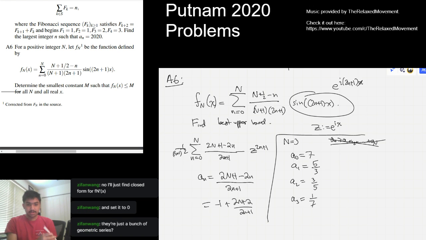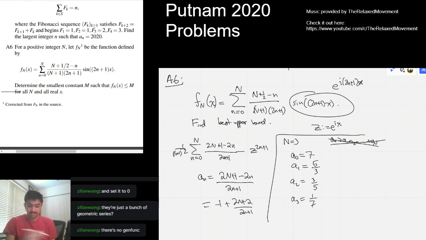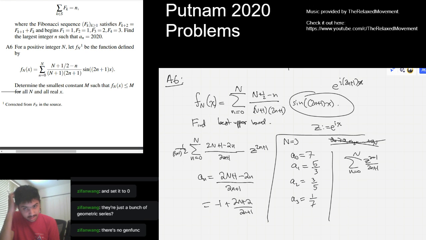Don't you have to integrate one of them? I'll write it right here: sum of z to the 2n plus 1 over 2 to the n times 2n plus 1. Don't you have to evaluate this summation right here? How are you going to evaluate this?